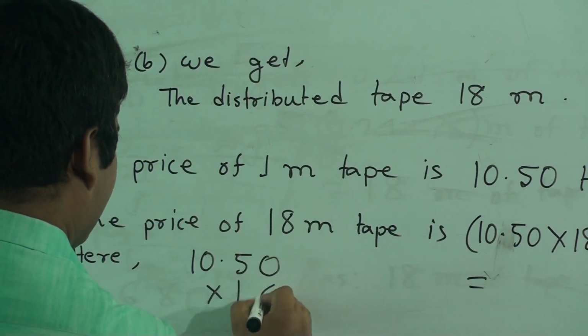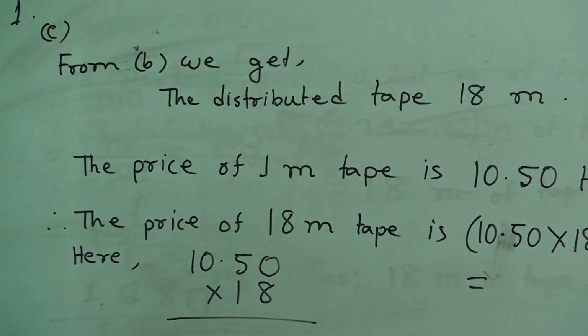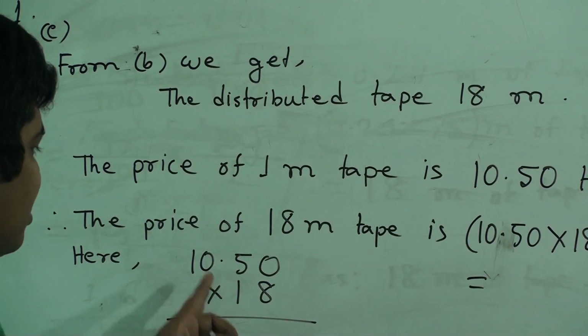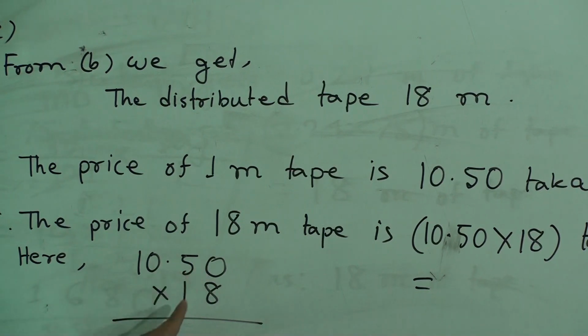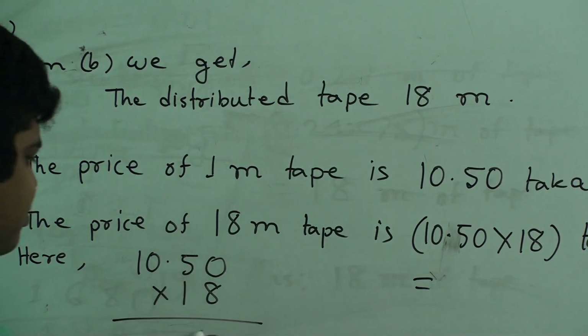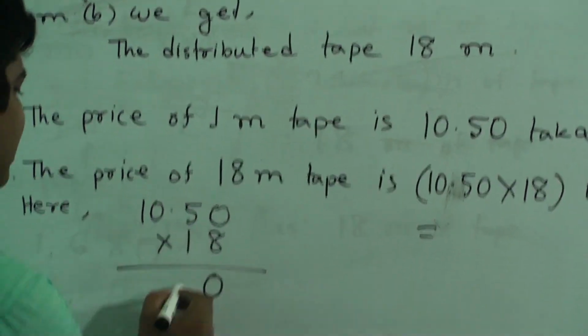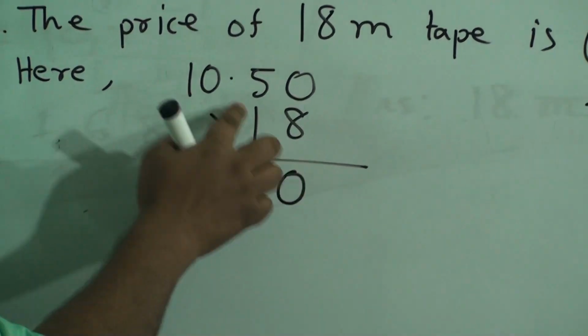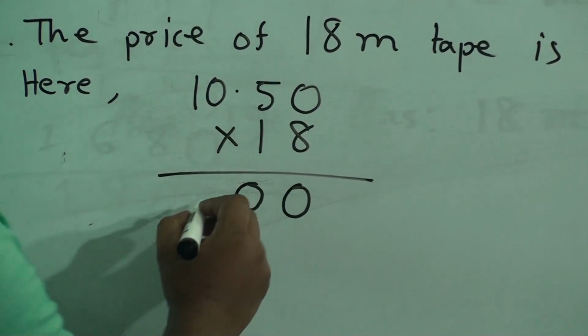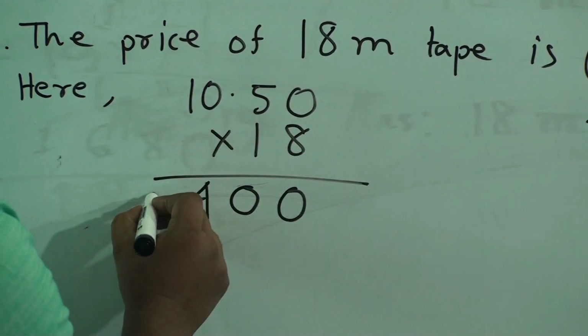10.50 multiplied by 18. At first we write the multiplication 10.50 by 8, then we multiply 10.50 by 1. Okay, 8 zeros are 0, 8 5s are 40. From 40 I write here 0, carrying 4. 8 zeros are 0, 0 plus 4, 4, and 8 ones are 8.